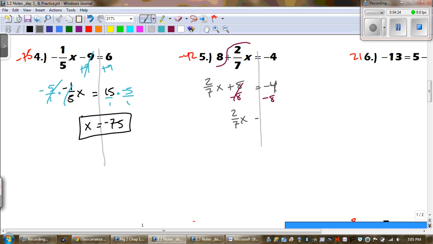So we're left with 2 over 7x equals negative 12. And now I'm going to multiply by the reciprocal. So it's 7 over 2. Okay, and if you're doing this without a calculator, we can reduce right there and get x equals negative 42.